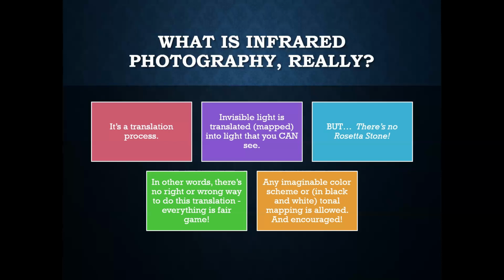And as I say here, everything is fair game. It can be a bewildering range of choices. You have to watch out not to get overwhelmed by it all. But you have just enormous amounts of latitude in terms of the final look you will get out of any given infrared image. I illustrated some of that earlier.